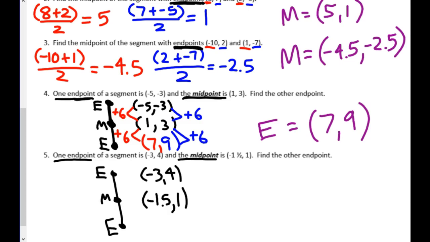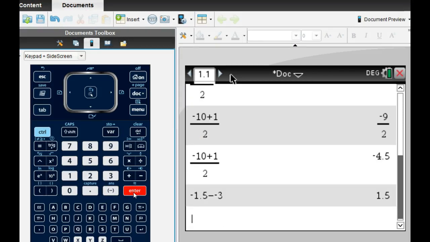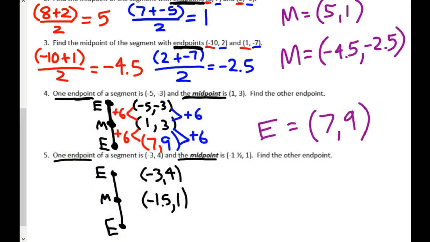Now, if you're ever not sure what the difference between these two numbers is, let me tell you what you do. You take that midpoint number and subtract the endpoint number. So think about -1.5 minus -3. That is an increase of 1.5 from here to here.